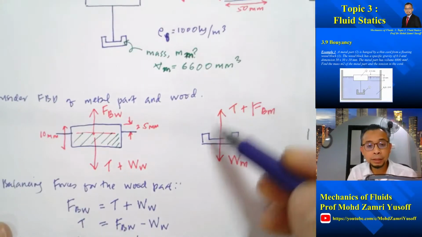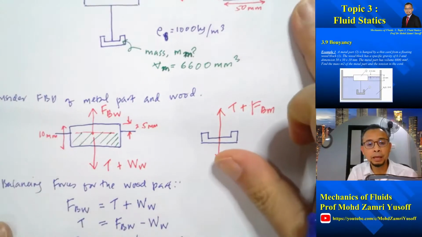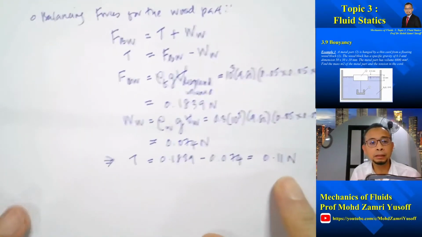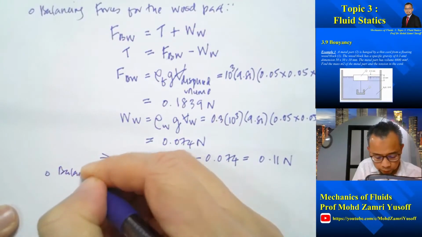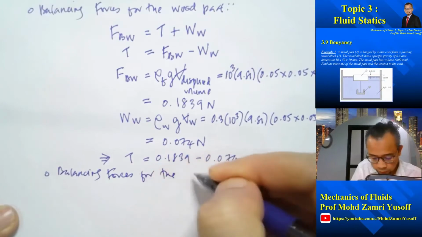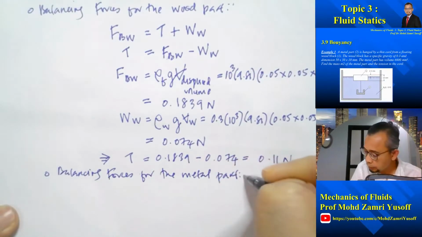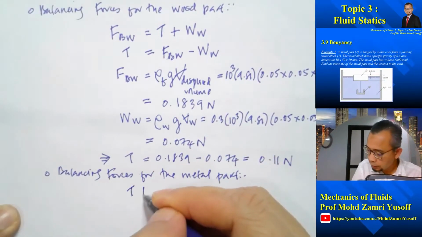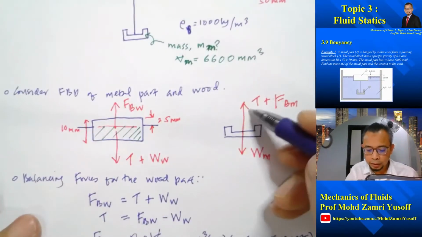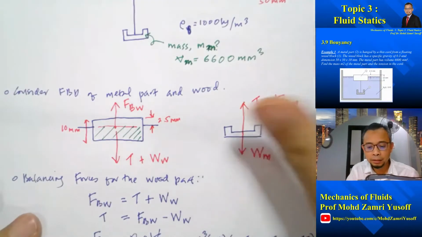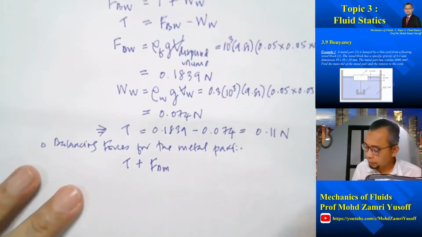Next, I can consider the metal part and balance the forces there. So I have T plus F buoyancy metal, which must be balanced by the weight of the metal.